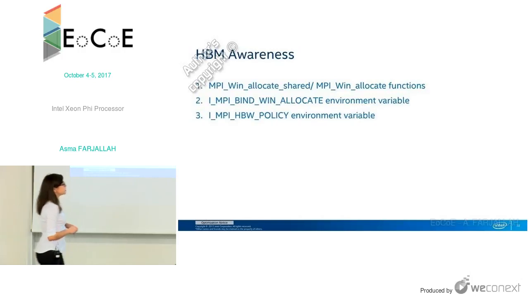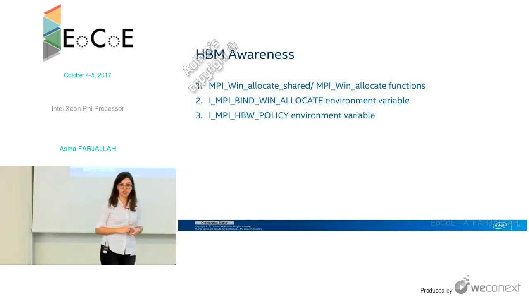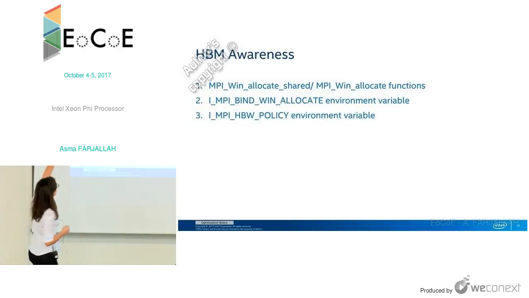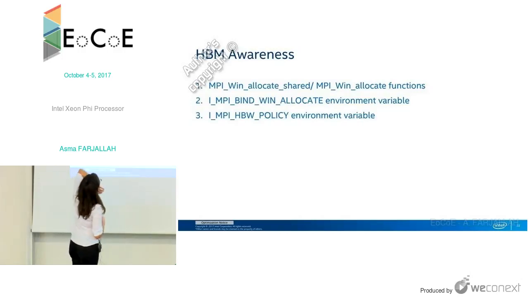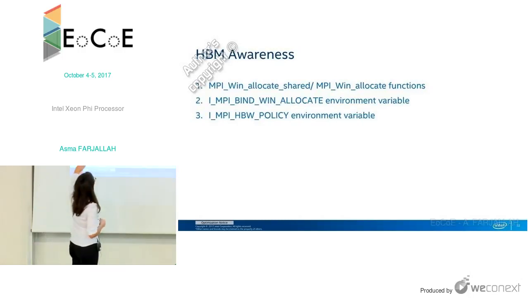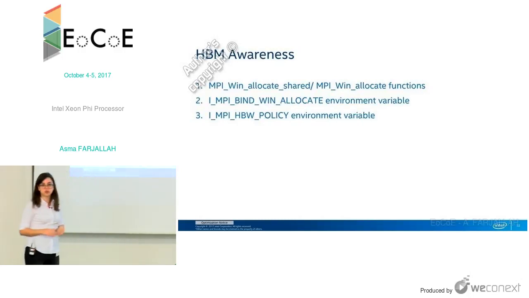HBM awareness can be set for the MPI library using some functions, such as MPI_Win_allocate_shared, or environment variables. I'm just going to talk about the MPI HBW policy because the settings are more or less the same.